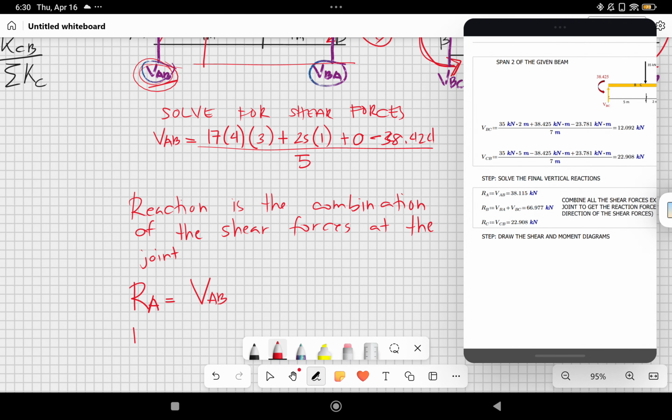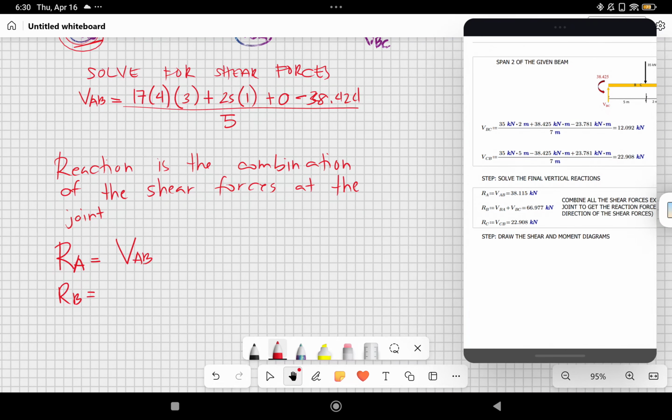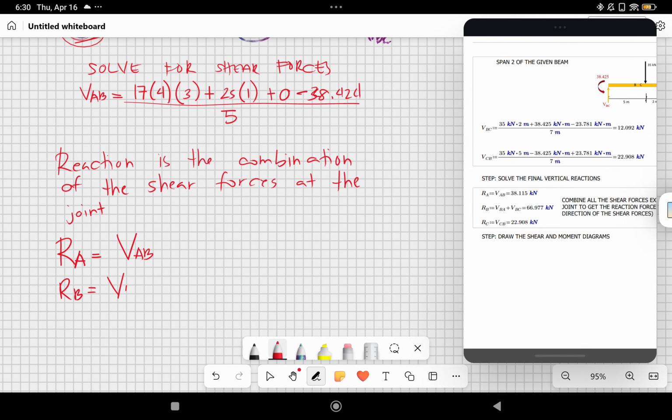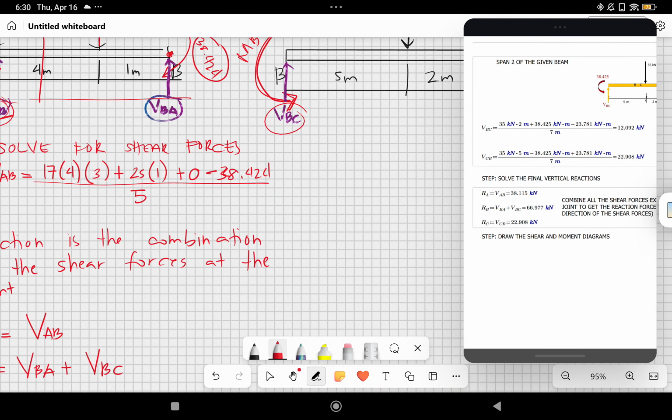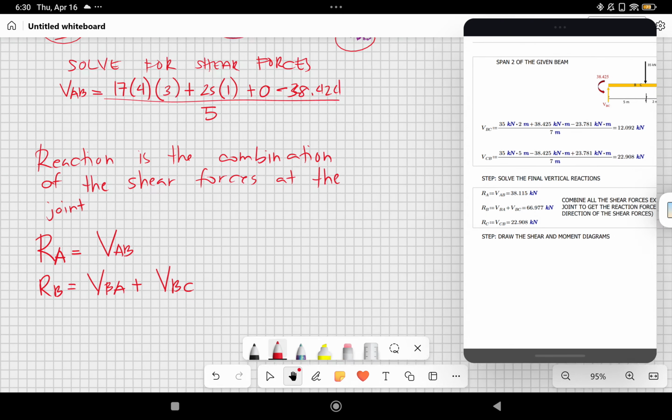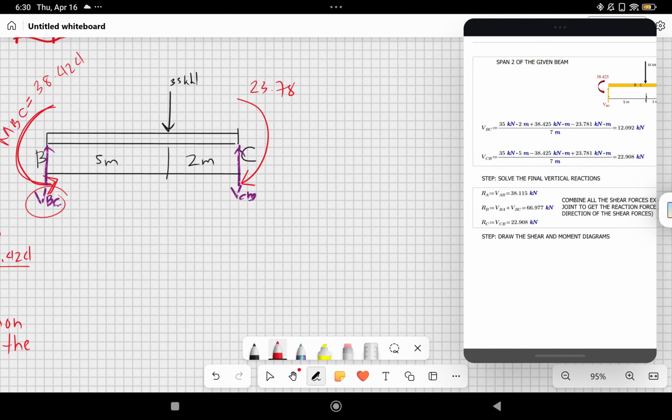And then, reaction at joint B is the combination of the shear forces acting at joint B. So, ano yung mga shear forces na nag-act sa joint B? VBA and si VBC. Okay? So, they are both acting at joint B kasi. And then, reaction C, that is VCB. Kasi VCB, yun lang yung mag-act sa joint C.